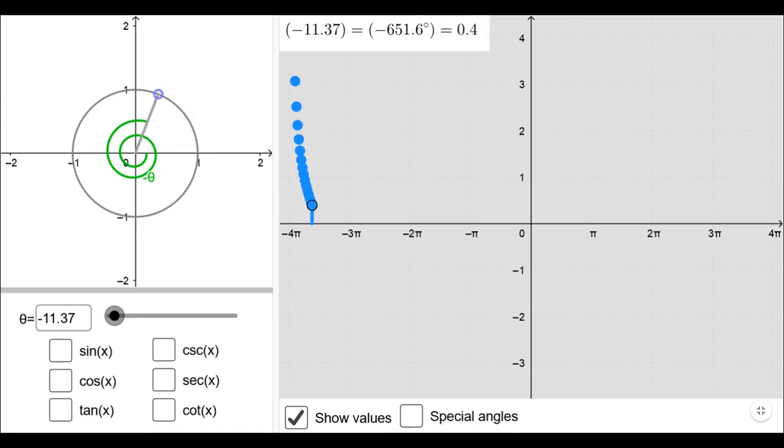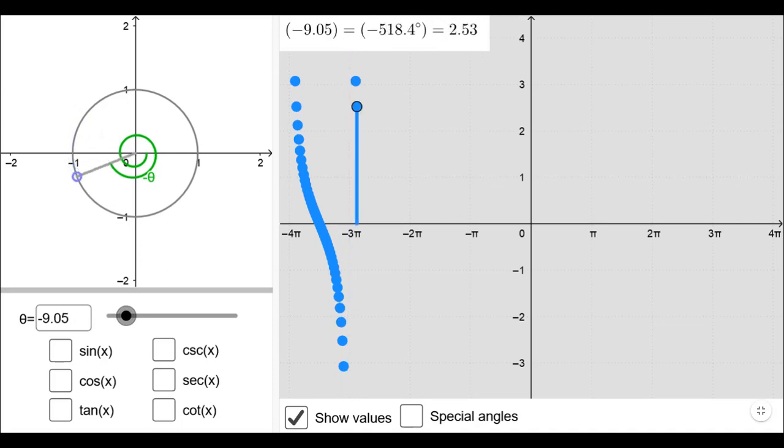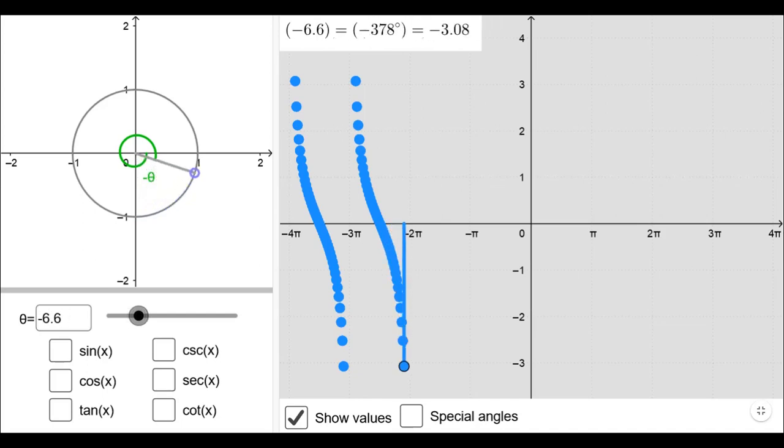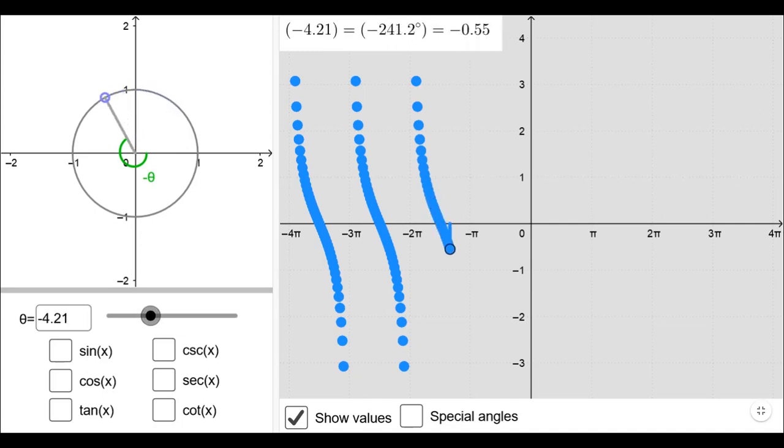Here cot x is not defined for all multiples of pi, because cot x is cos x by sin x, and sin x is equal to 0 for all multiples of pi. Therefore cot x is not defined whenever x is a multiple of pi. And this is the graph of the cot function.